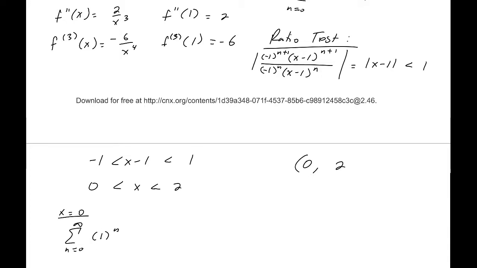So we don't include 0 in that. At x equals 2, we get the sum of negative 1 to the n, which also diverges. So we don't include that. So our interval of convergence is 0 to 2, an exclusive interval, and our radius of convergence is 1.